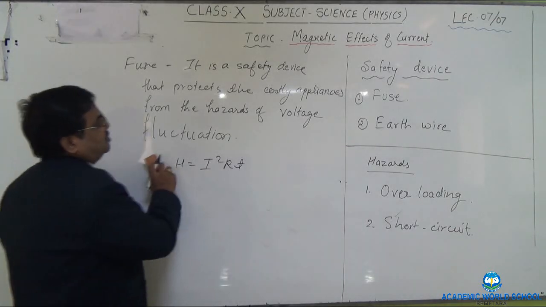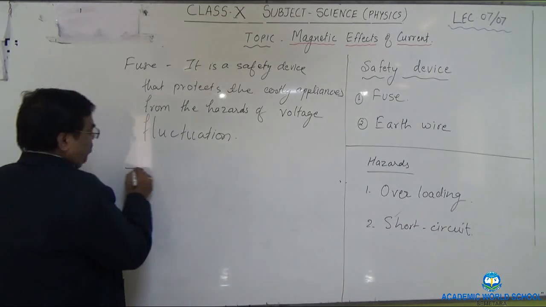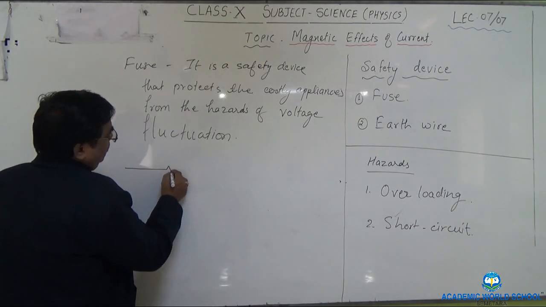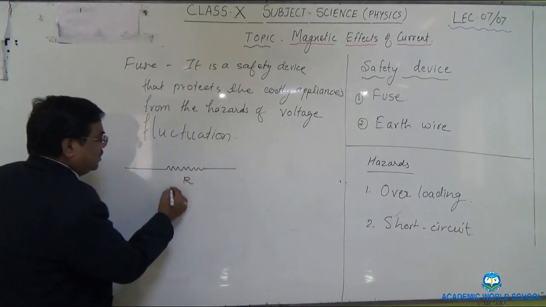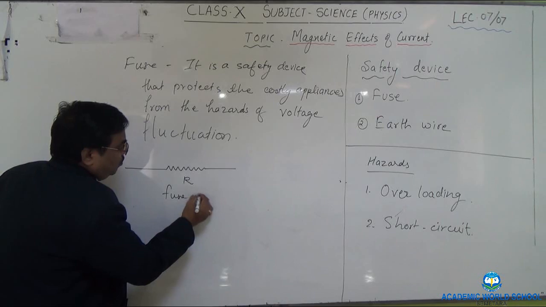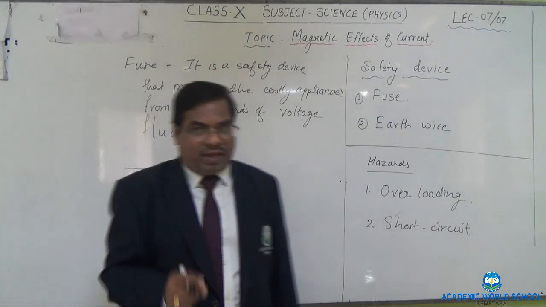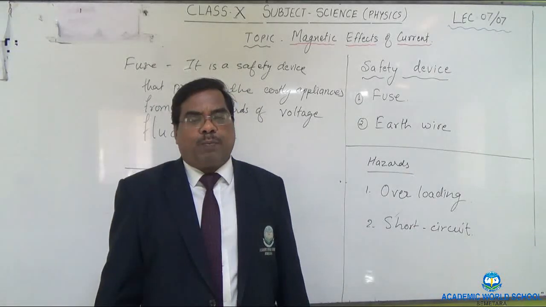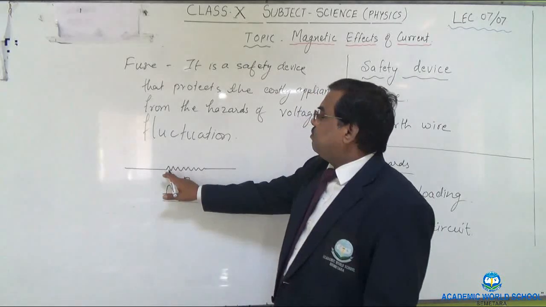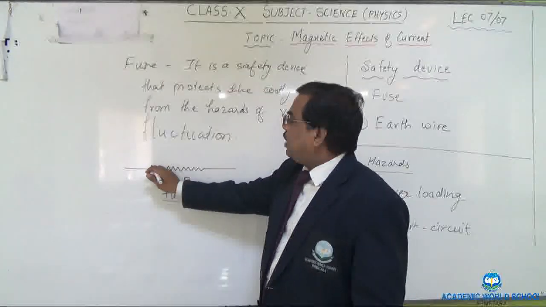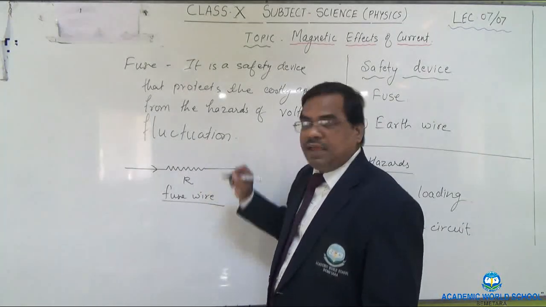Now in that case, you need to protect the appliance, and the best thing is we will have a fuse wire. A fuse wire is an alloy of tin, copper and manganese. Whenever a high current flows, the resistance of this fuse wire is high.